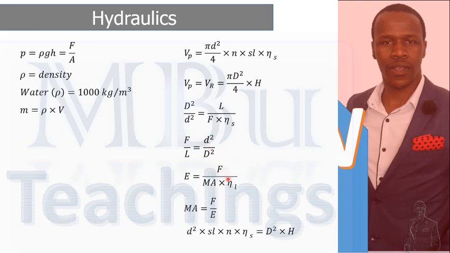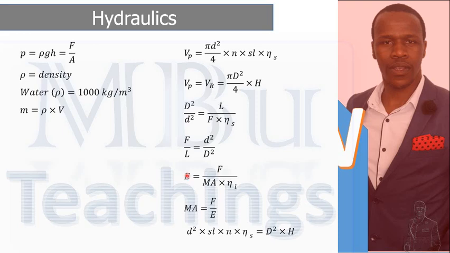Now we are seeing this formula which has another efficiency, but this time this efficiency is dividing the force. This second efficiency is the efficiency of the lever. That one was for the system, the hydraulic system. Now this one is for the lever system.